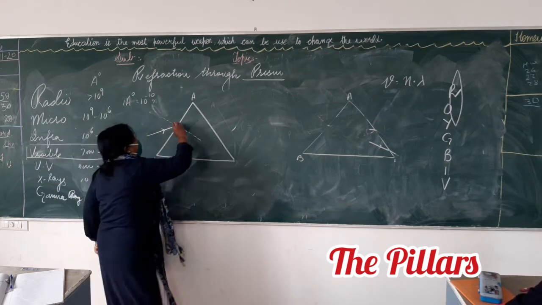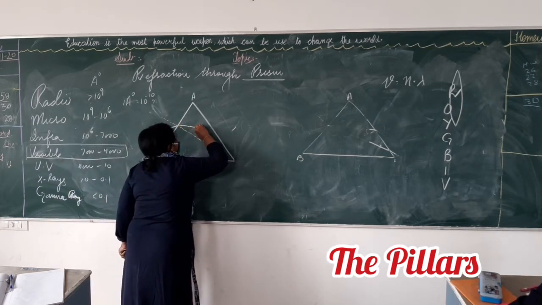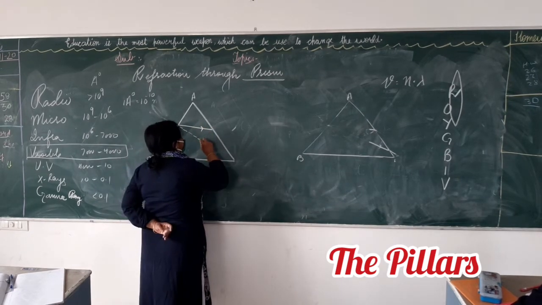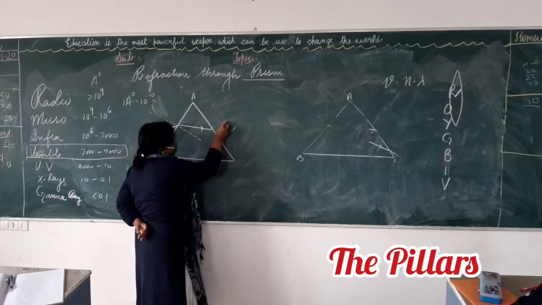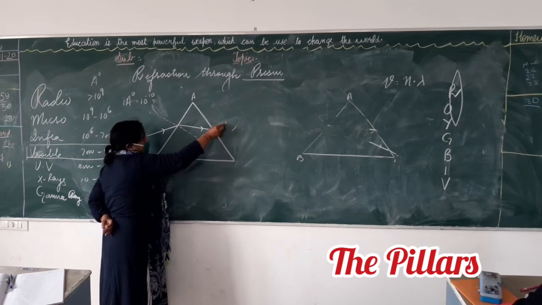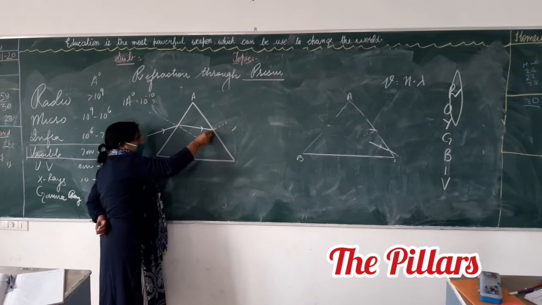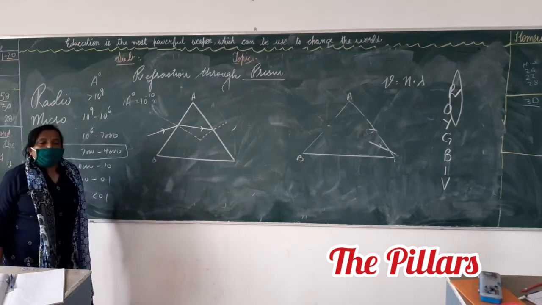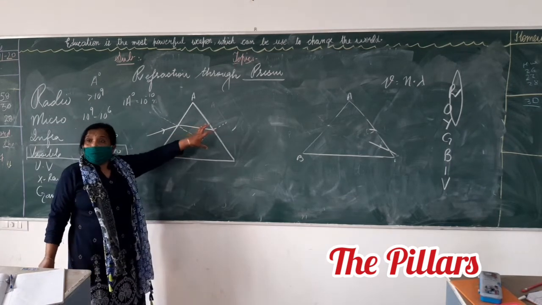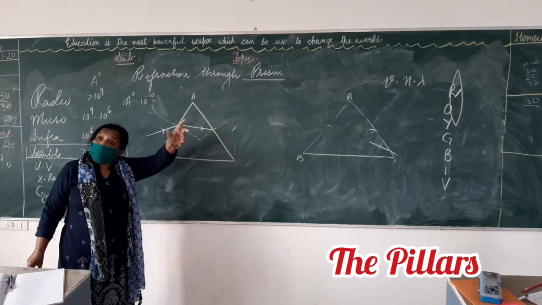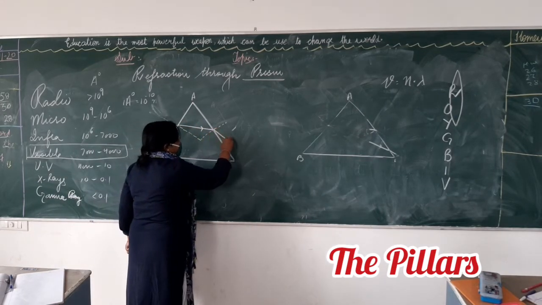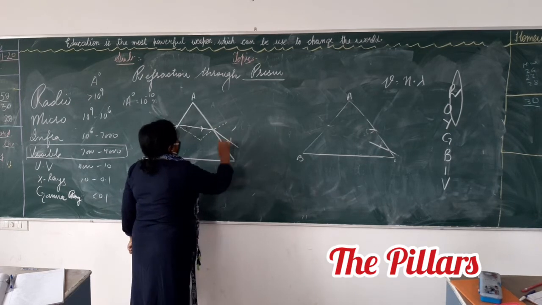Towards the normal. Again draw the normal here. From denser to rarer, what will happen? Away from the normal.